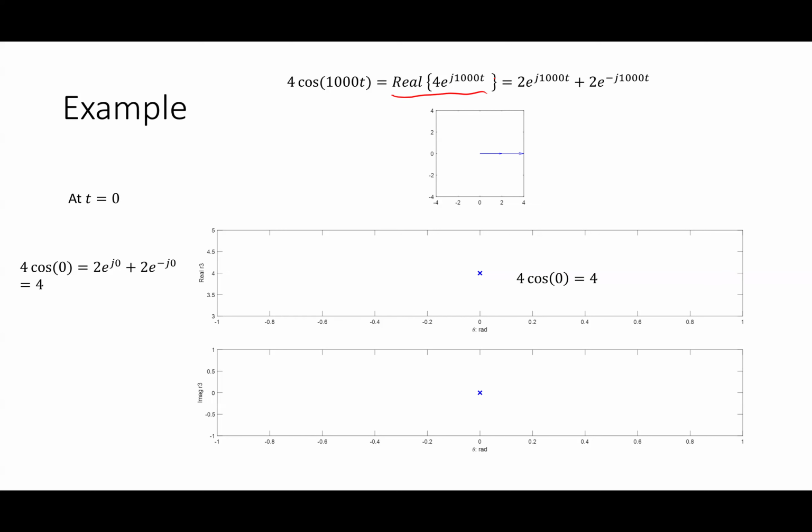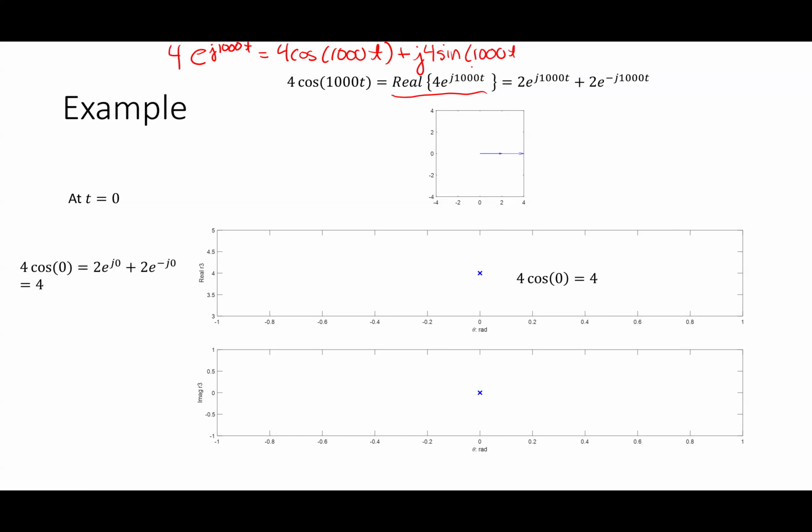What do I know about e to the j 1000 t? It's a complex number. All complex numbers can be thought of as cosine plus j sine. So 4e to the j 1000 t is 4 cosine 1000 t plus j times 4 sine 1000 t.